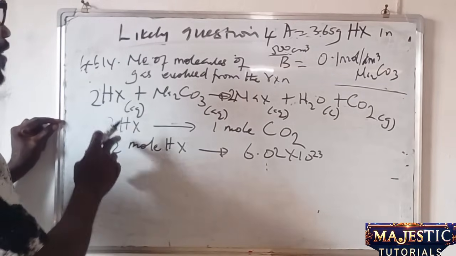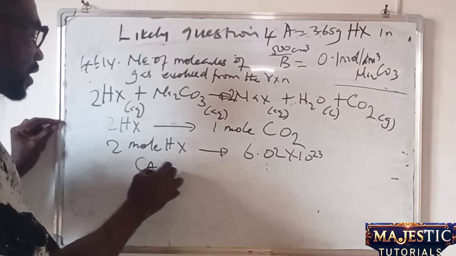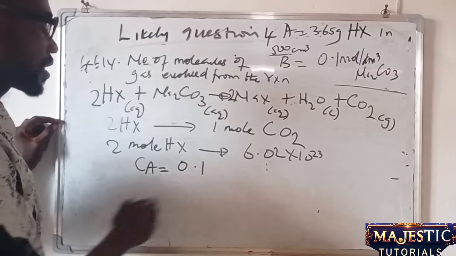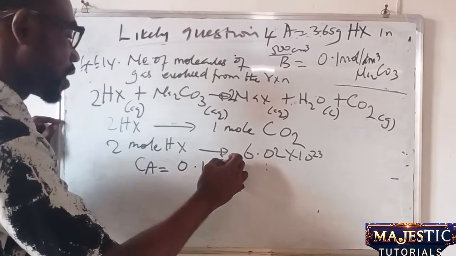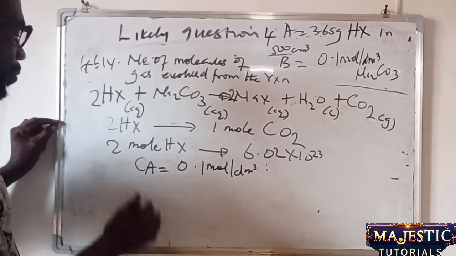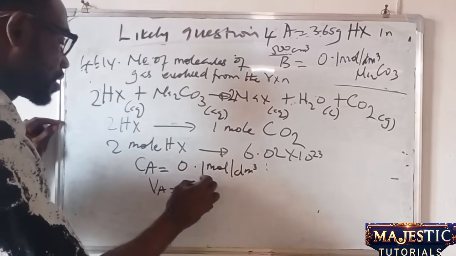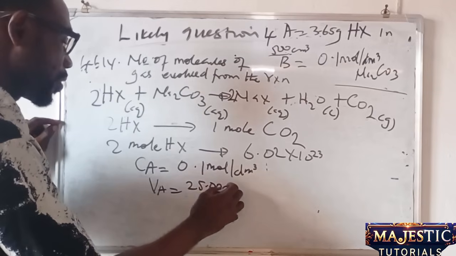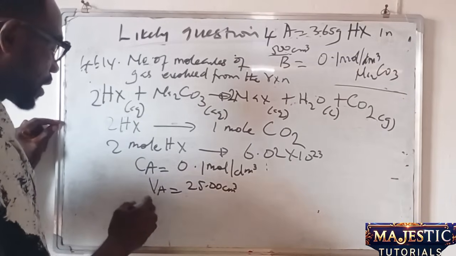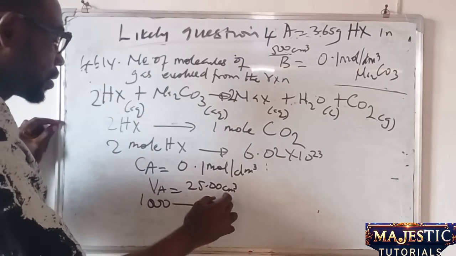We now go back and find the real molecule we used from the reaction by using CA, which is 0.1. That's what we got as our answer, and this 0.1 means the amount in 1000. Okay, this is simple. And what is the VA? VA was 25.00. That's your end point. You now say 0.1 is in 1000. This means that 1000 contains 0.1.